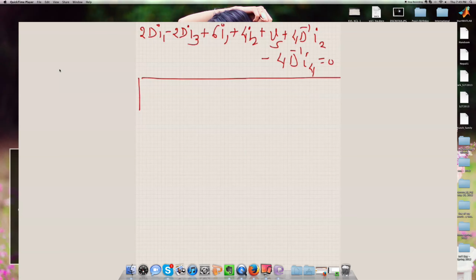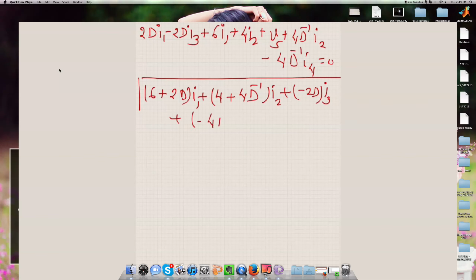So we're going to get 6 plus 2D, we're collecting the terms with I sub 1, so this is the coefficient of I sub 1, plus 4 plus 4 D minus 1 I sub 2, plus minus 2D I sub 3, plus minus 4 D minus 1 I sub 4, equals minus V sub S.